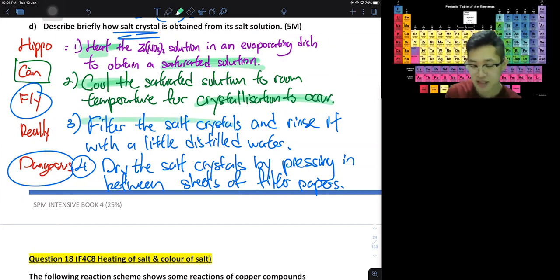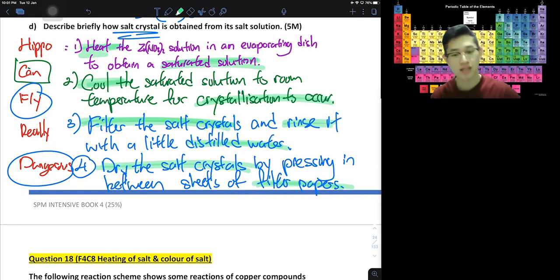As long as they can find these 5 steps, heat, cool, filter, rinse, dry, then they will give you the marks.